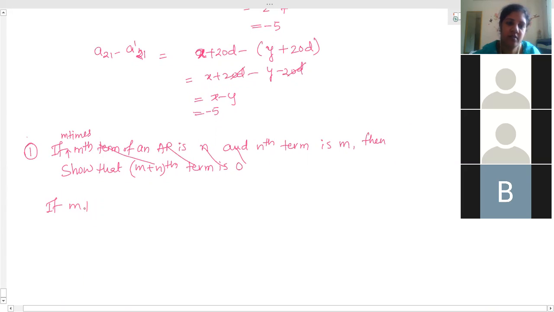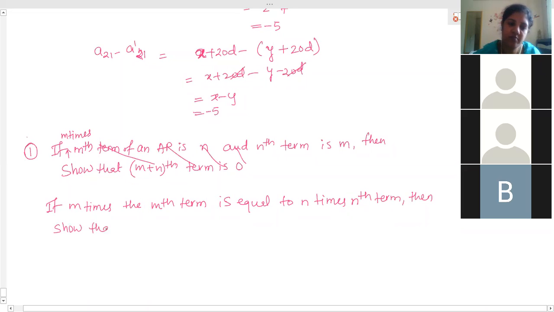If m times the mth term is equal to n times the nth term, then show that the (m plus n)th term is 0.